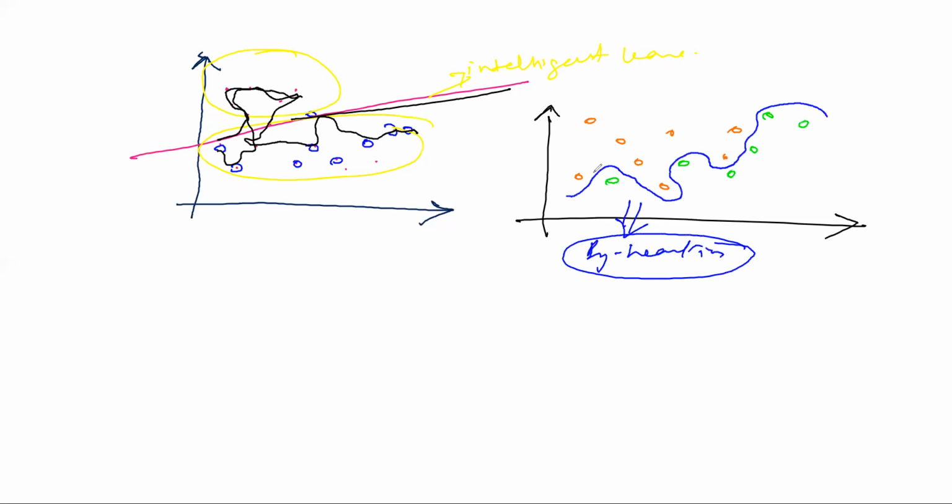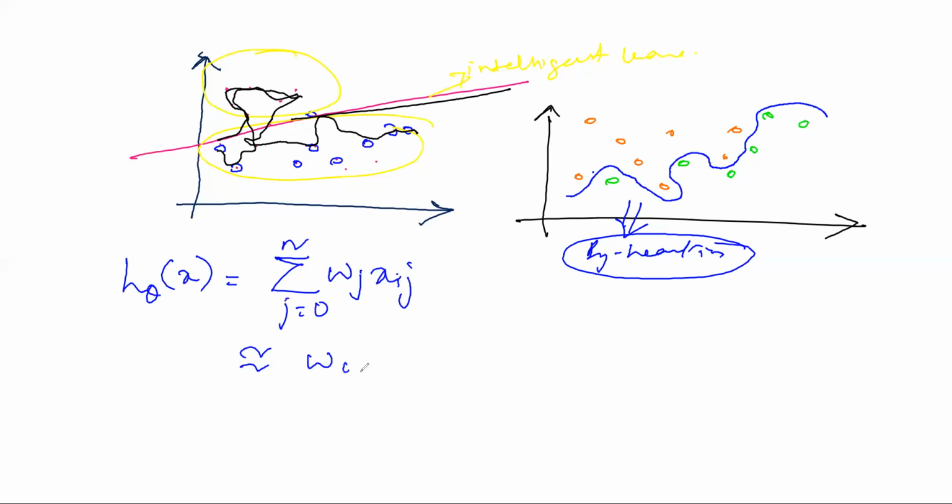So if you see this hyperplane equation, what is this hyperplane equation? h theta of x is nothing but, or indirectly, your w0 plus w1 x_i1 plus w2 x_i2 and so on, right?